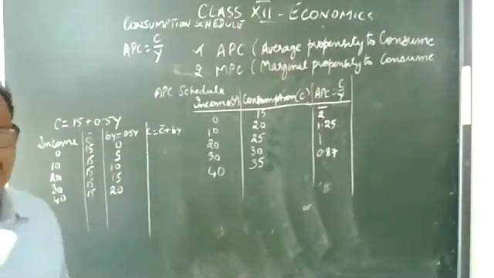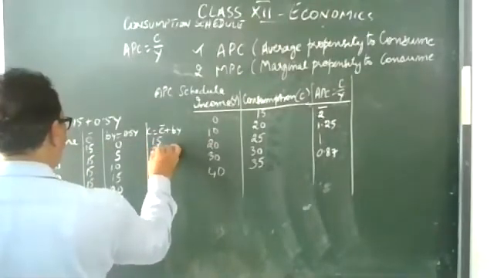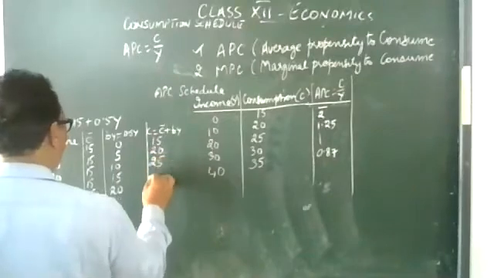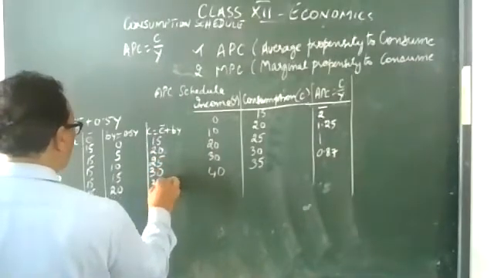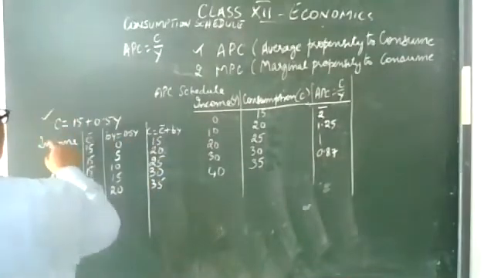Adding them up, you will get 15 plus 0, 15, 20, 25, 30, 35. Okay, this is your schedule based on the function given.